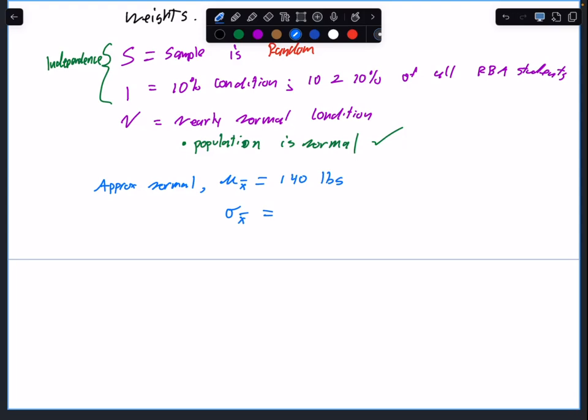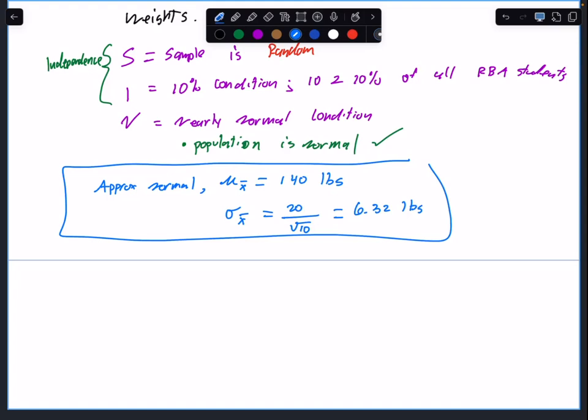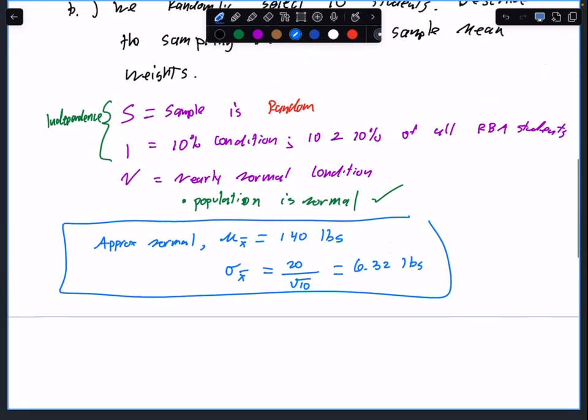And the standard deviation is 20. The standard deviation of the sampling distribution is 20 over the square root of 10, because n is 10, which when I plug that in the calculator gives me 6.32 pounds. So this is the answer, because this describes it, but you have to check the conditions as well.